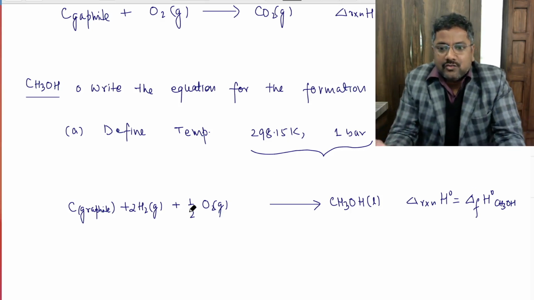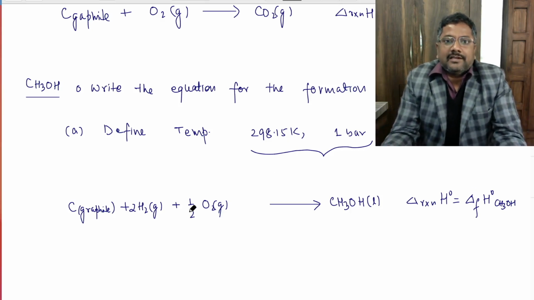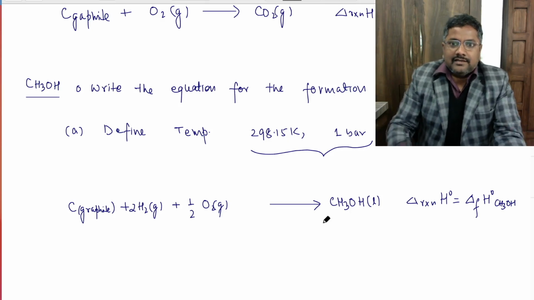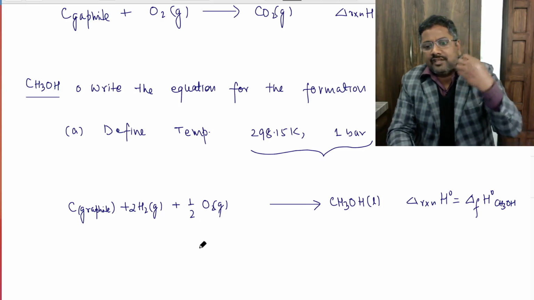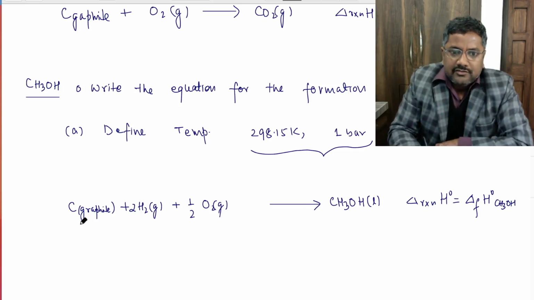The answer is no. If you remember the measurement of enthalpy change that I told you, at first we take the reactants at this condition, then we heat. When you are heating this reaction mixture, first this carbon graphite will change into gaseous carbon.